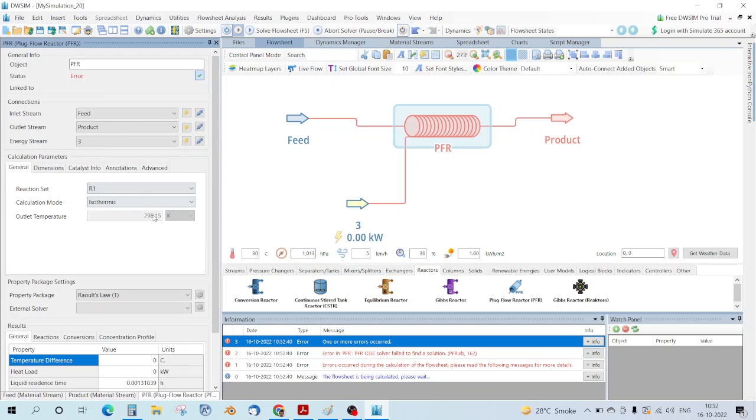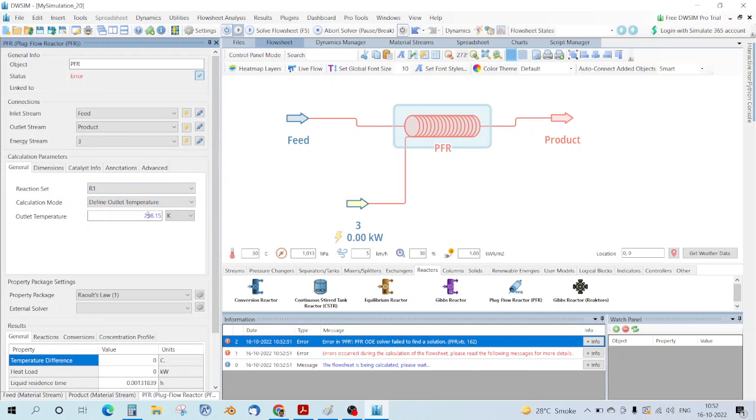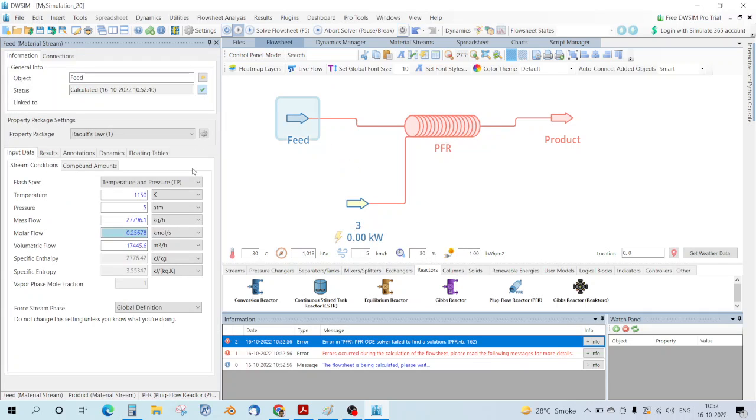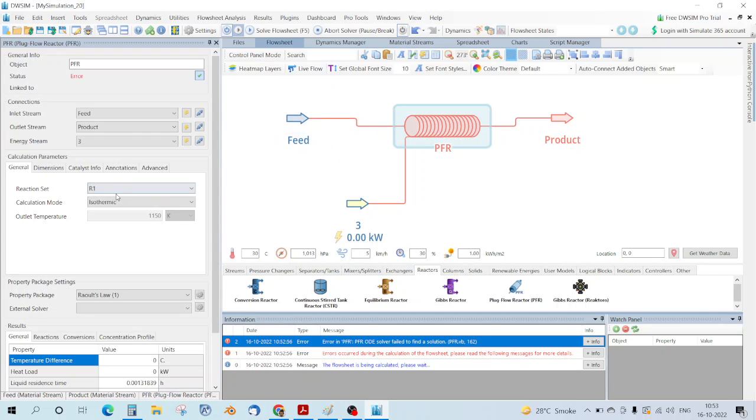Let me go to this and specify isothermal, and I think the feed is okay, 1150 K, 5 atm. Yes, so here the most difficult task is these dimensions. Let me take about 2, and that is why you need to reduce the tube length and try.